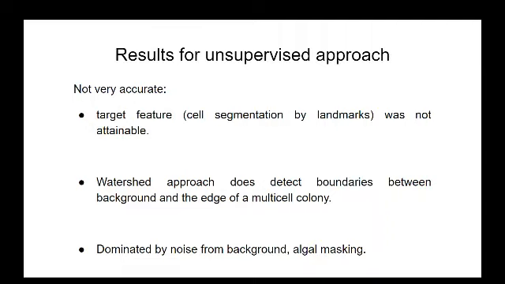That was not attainable using this method. The watershed approach, in particular, does detect boundaries between the background and the edge of a multi-cell colony, but that really wasn't the feature of interest. And in any case, it doesn't do it perfectly, so there isn't really a trade-off there. Also, we noticed in the unsupervised approach, it's really dominated by noise from the background, in particular algal masking.